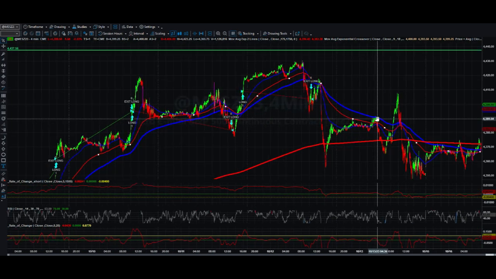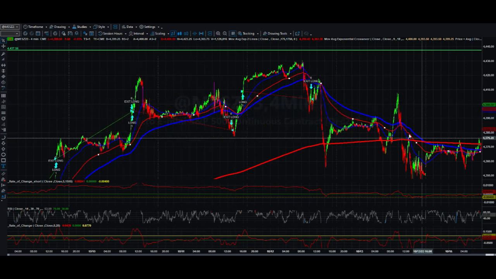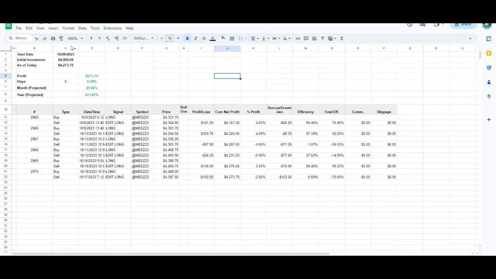All right, so let's see the actual results up to today. Let's go to my spreadsheet here. The start day was 10/9, initial investment 4K. As of today, we have a total of 4273.75. In profits, that's a total of 273.75.